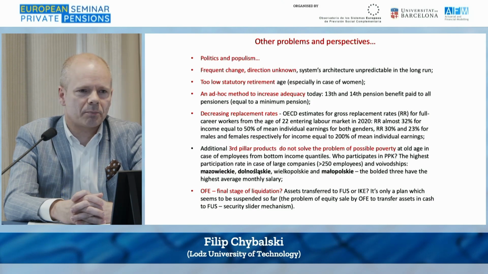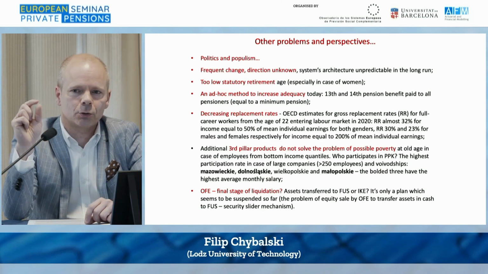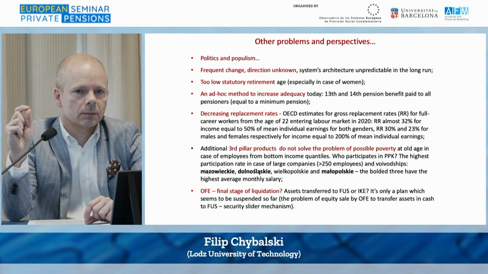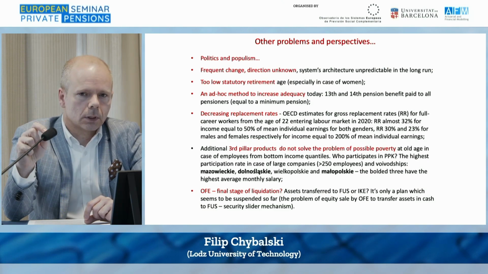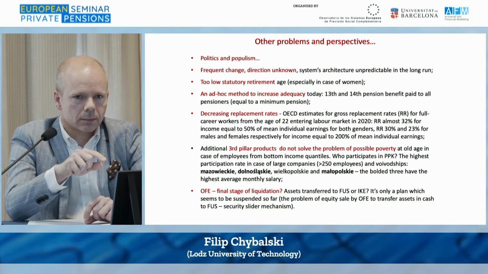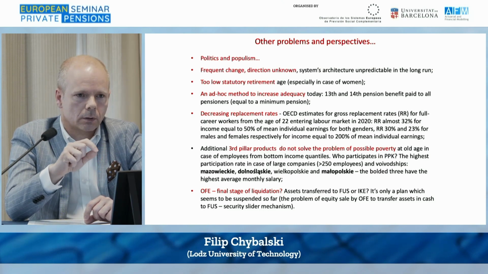However, it's a pure populism. It's a pure populism because it is not directed to poor pensioners. Everyone who is permitted to get pension gets 13th and 14th pension benefit.